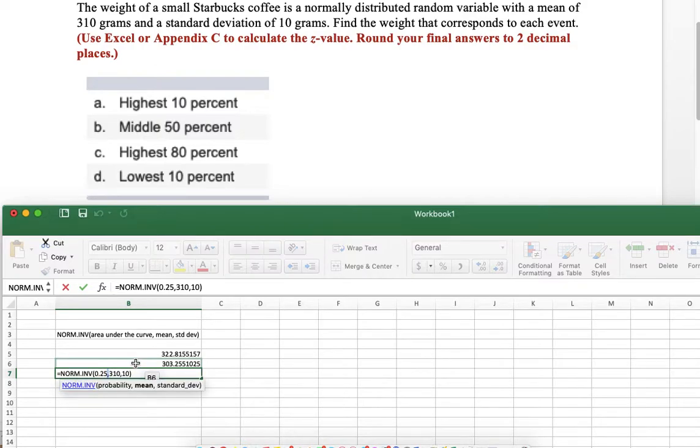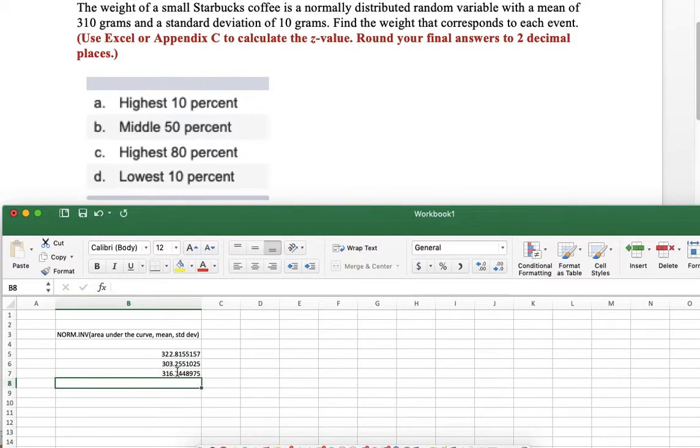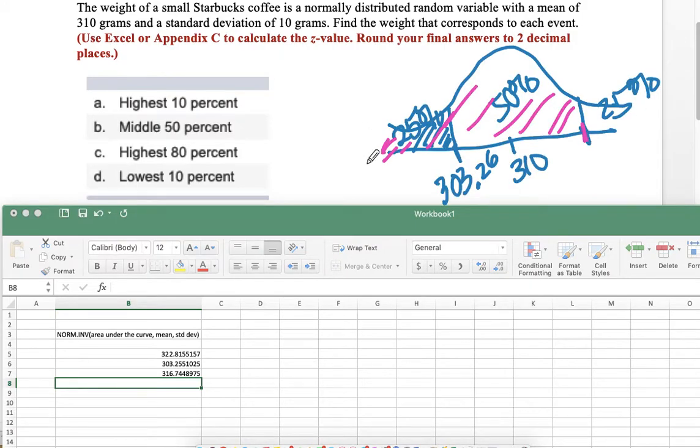Instead of 0.25, we put in 0.75, and then 310 and 10 stay the same. This is a range because it's the middle 50%: 303.26, and the upper part would be 316.74. That one was a little trickier.